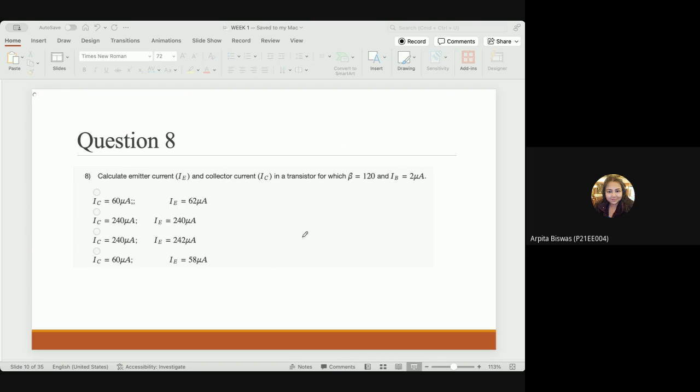So what we know, IE is equal to, what is the equation? Tell me. IC plus IB. Yes, IC plus IB.